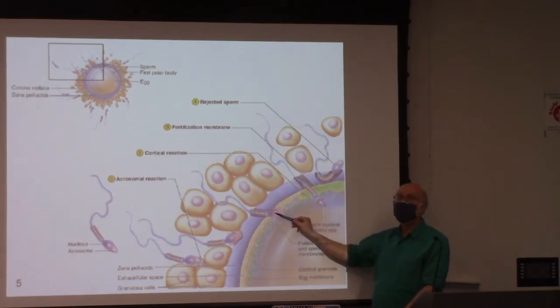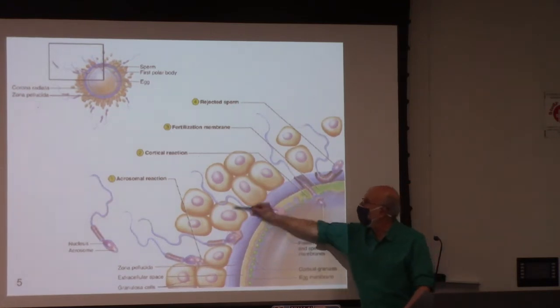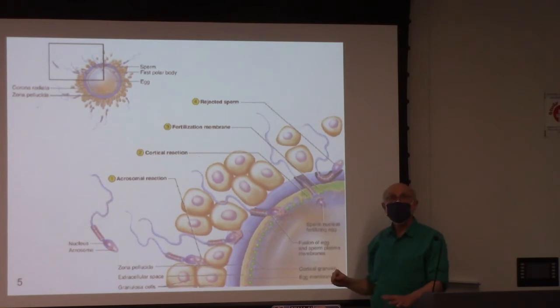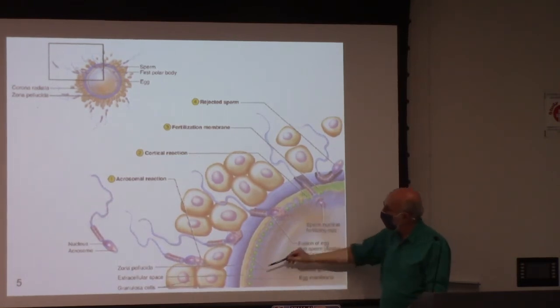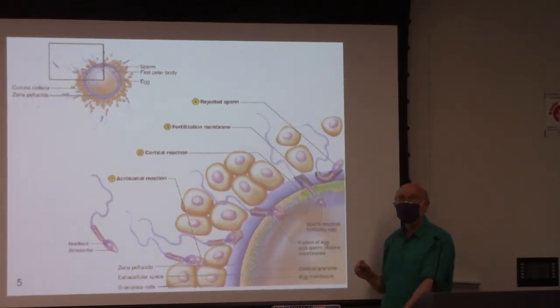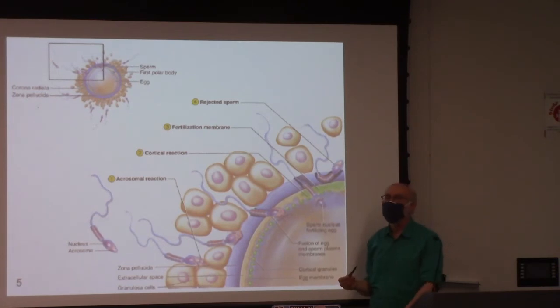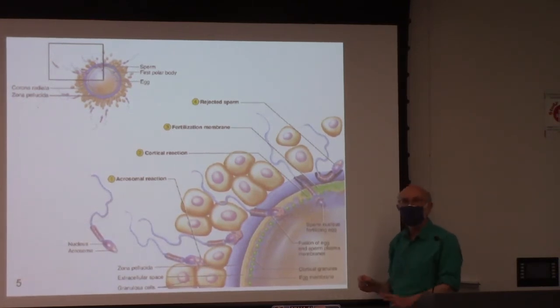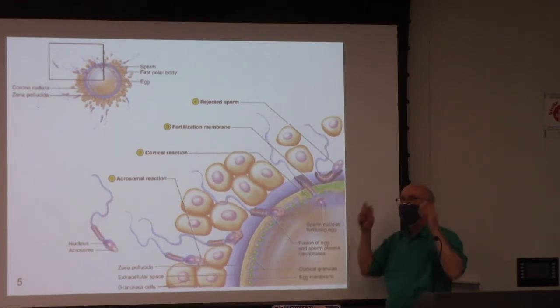The fusion of the sperm with the surface membrane of the oocyte, having gotten through the corona radiata and the zona pellucida, triggers a reaction called the cortical reaction. So the oocyte has a cortex. Cortex just means the surface, really, or the rind. Remember, the cerebral cortex or the cortex of the adrenal is the outer layer.